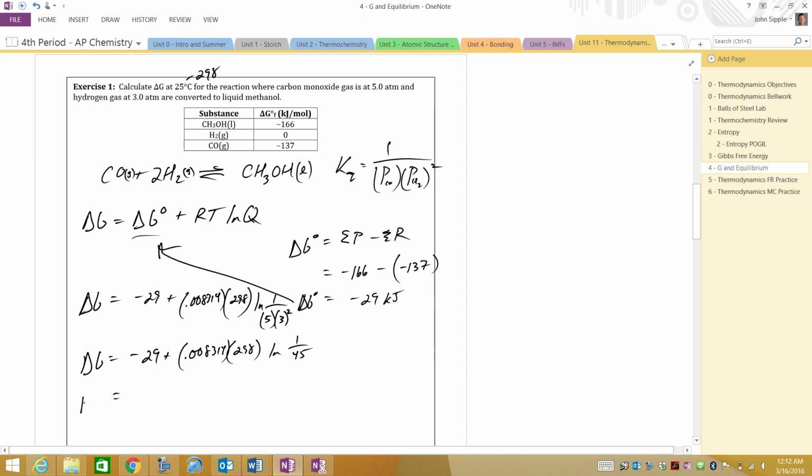If we work out the math, delta G is equal to negative 29 plus negative 9.43, a total of negative 38.4 kilojoules. That means the reaction will move towards the products to reach equilibrium.